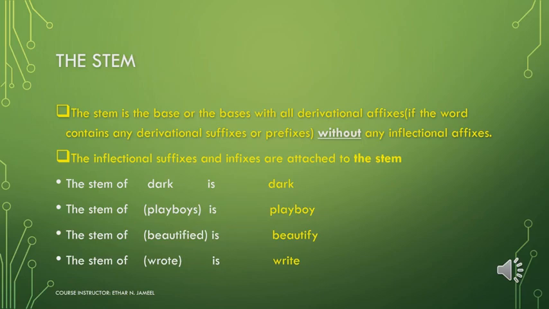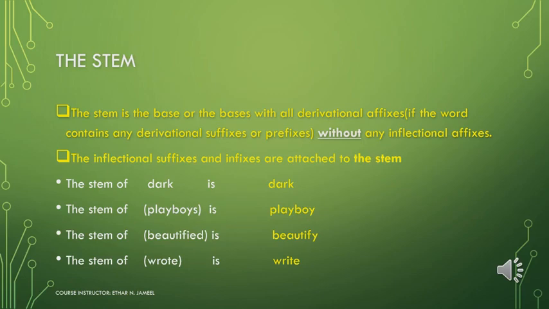In order to have the stem of this word, we have to have the base plus derivational affixes without any inflectional affixes. We don't have any derivational affix in this word, so it's okay. But is there any inflectional affix in this word? Yes. We have an inflectional infix, that is the ed past.